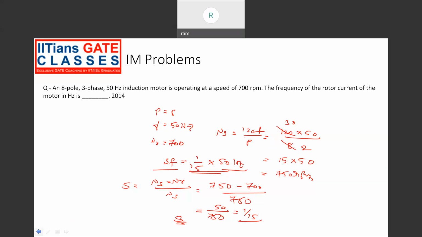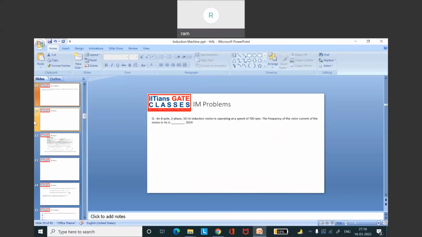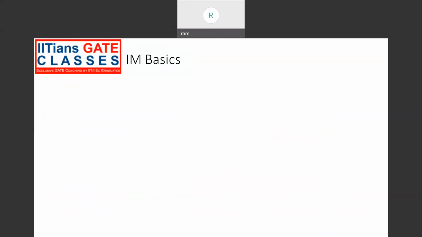Okay, let's go to the next topic. So here we'll talk about the rotor circuit changes.